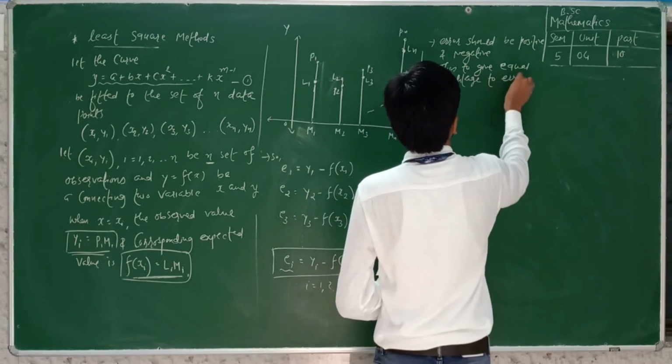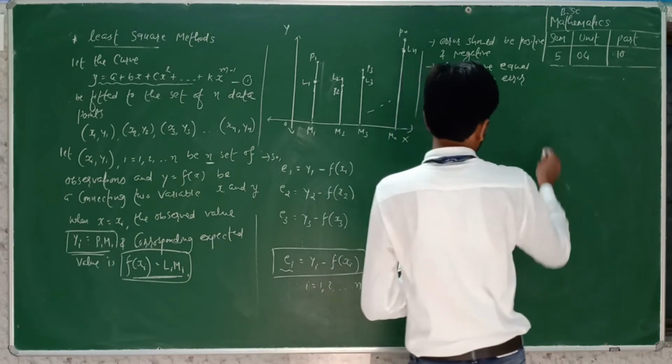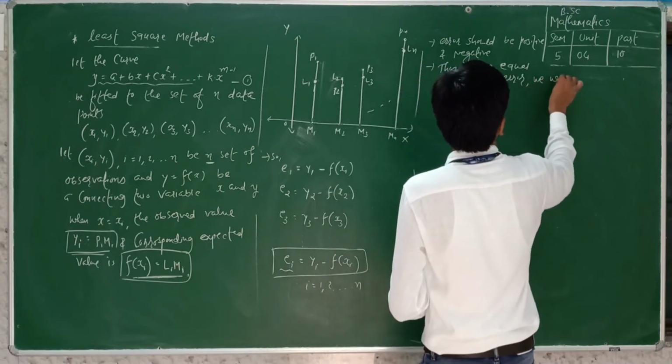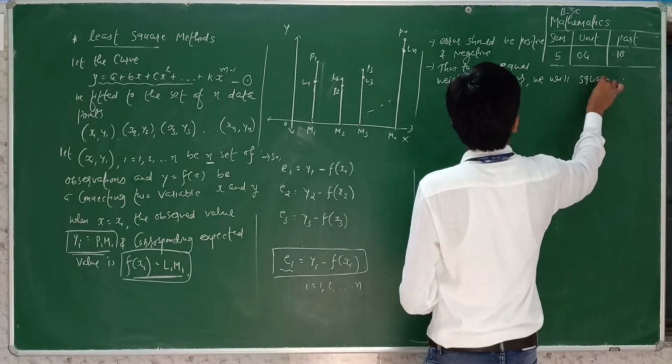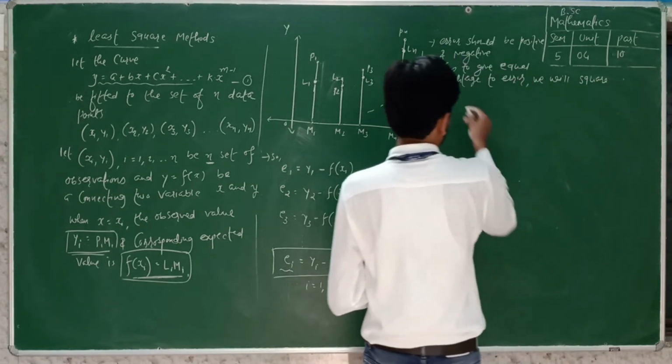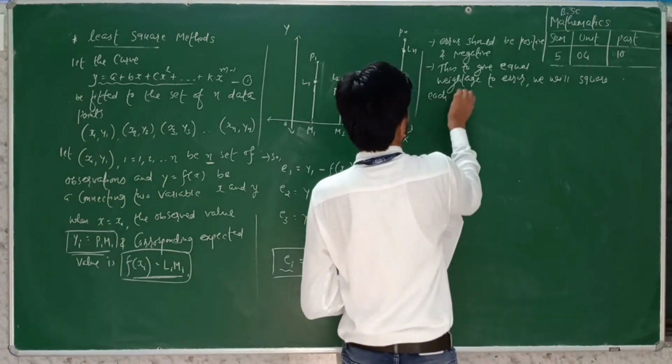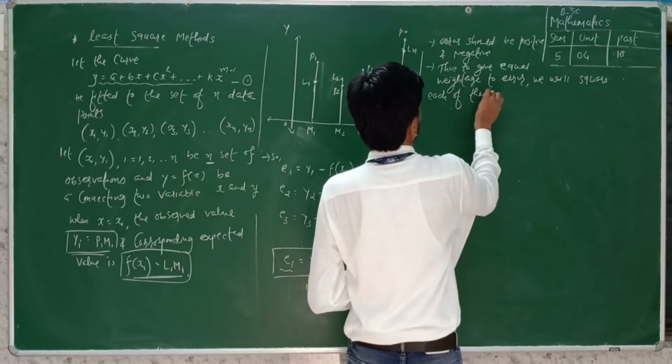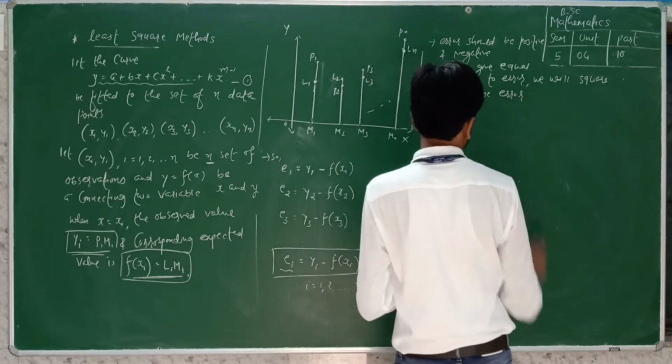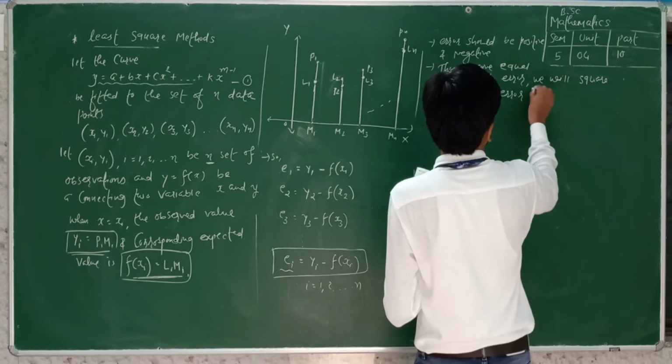So to give equal weightage to such types of error, we will square each of these errors and form their sum.